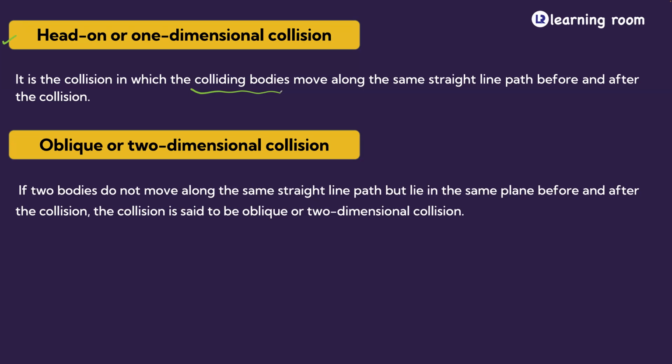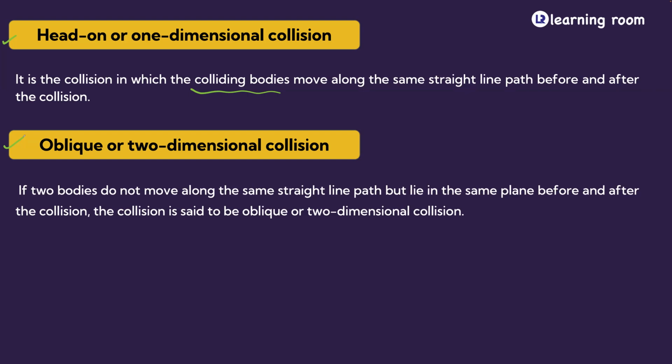So head-on means they are coming in contact along the same line. Why do you call it as one dimension? Because it's a line. The next thing is, you have something called as an oblique or two-dimensional collision, in the sense, if this hand and this hand are colliding along this line, but after collision, this starts moving like this and this starts moving like this. They start moving at a certain angle with respect to the initial line along which they met.